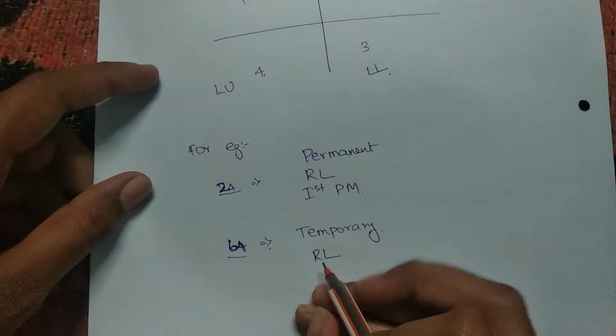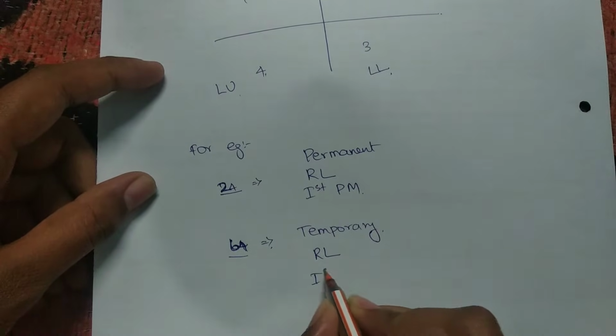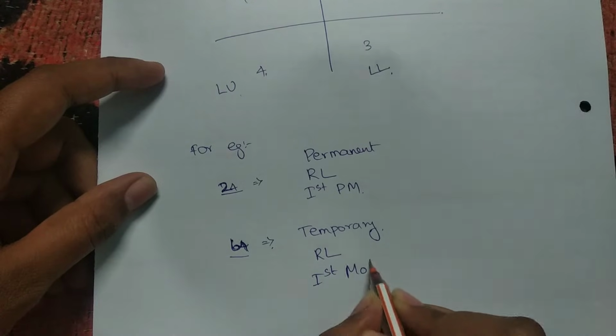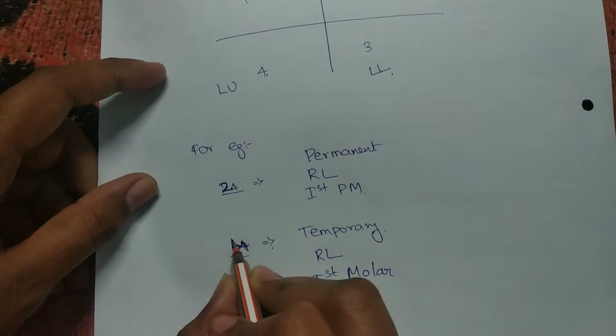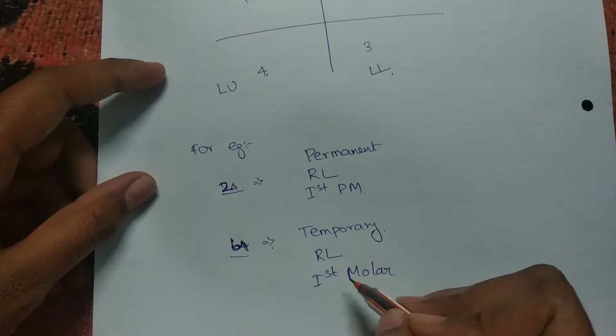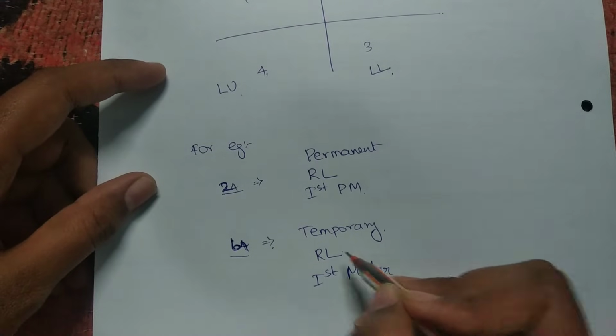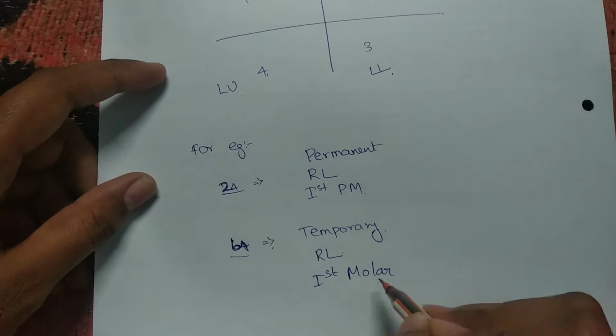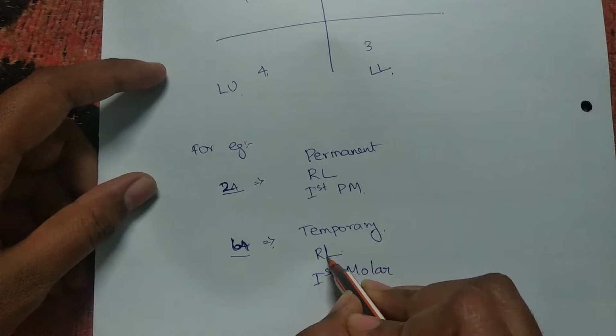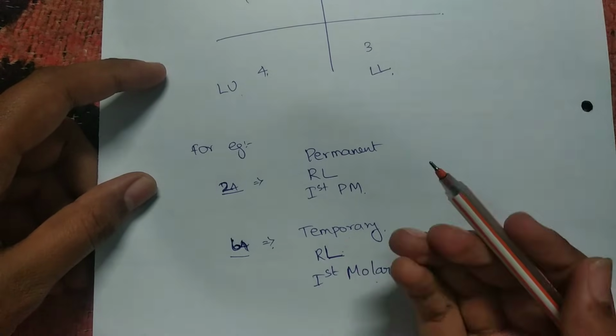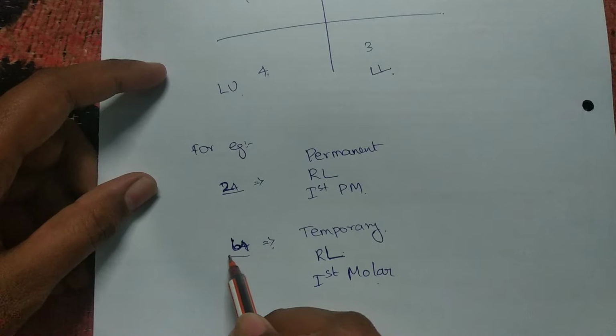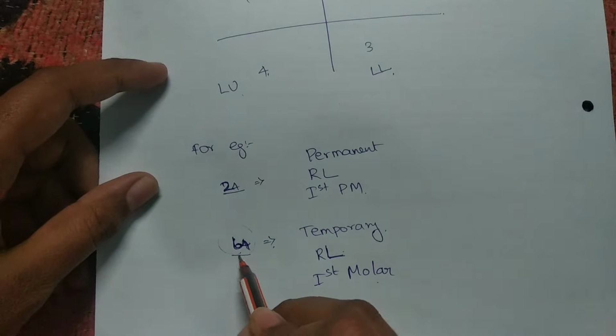So temporary right lower first molar. So the first molar present in the right lower quadrant of a baby will have a numbering of 6, 4.